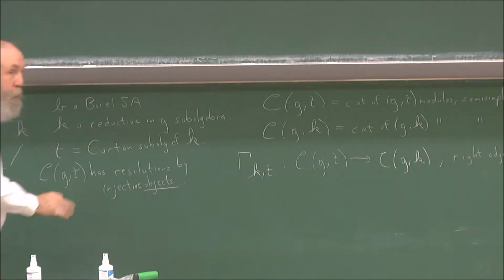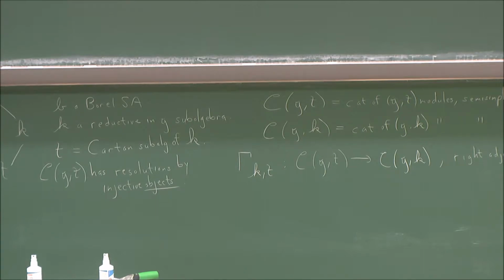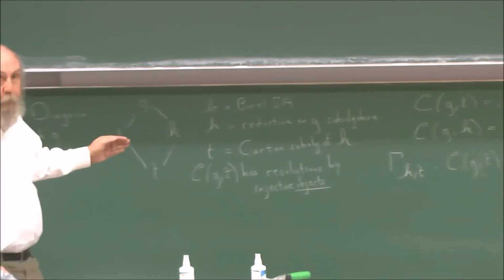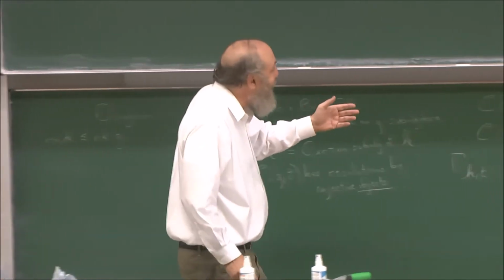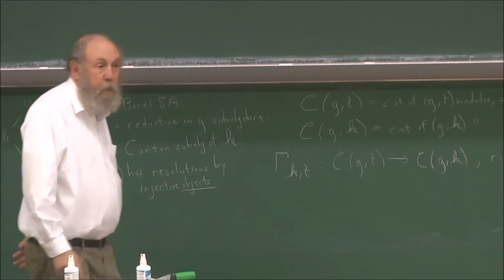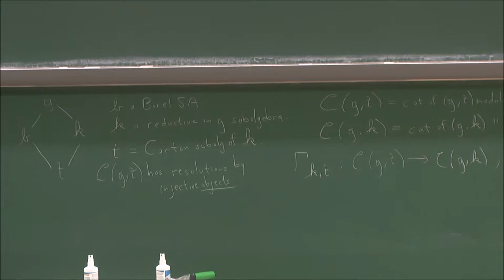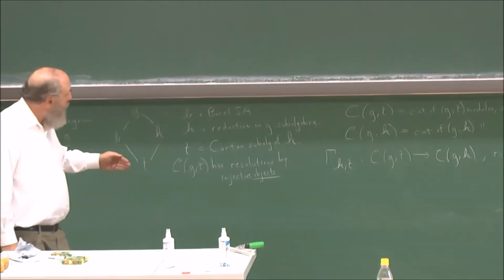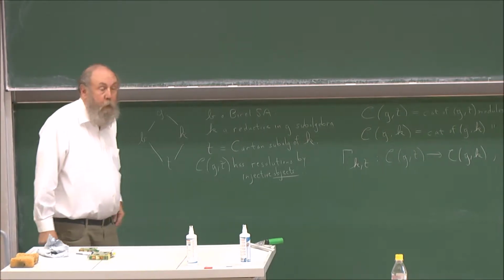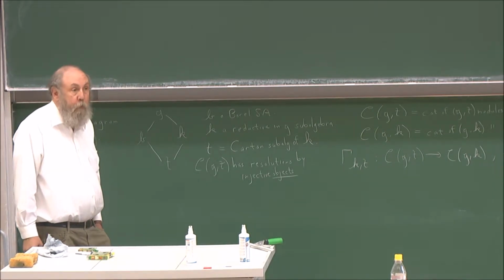And this is already where category theory is playing a role, because I'm not resolving by injective G modules. The injective G modules are not in this subcategory. They don't have any local finiteness with respect to T. So what I'm talking about is objects in CGT which have the injective property.